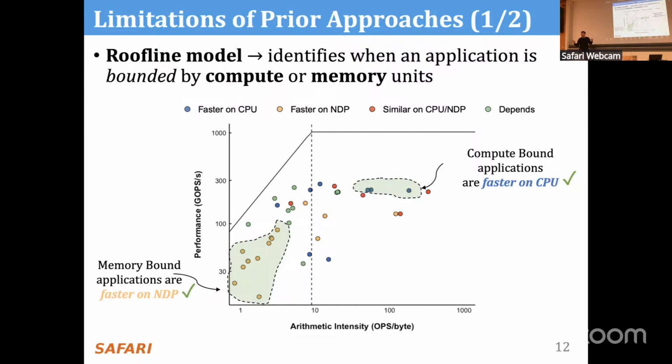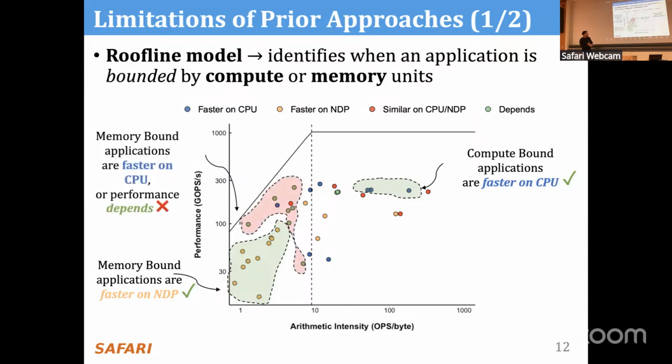So that's what we're expecting, right? There are some other applications here that are compute bound, so they are bottlenecked by the compute of the CPU. So they don't necessarily benefit from the PIM system, which is also what we were expecting.